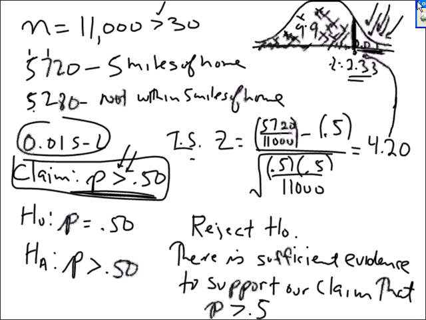Which is something reasonable, of course. More than half the people, half of 11,000 is 5,500, and this number is bigger than 5,500. So yeah, more than half the people did have accidents within 5 miles of home. So it's not unreasonable.